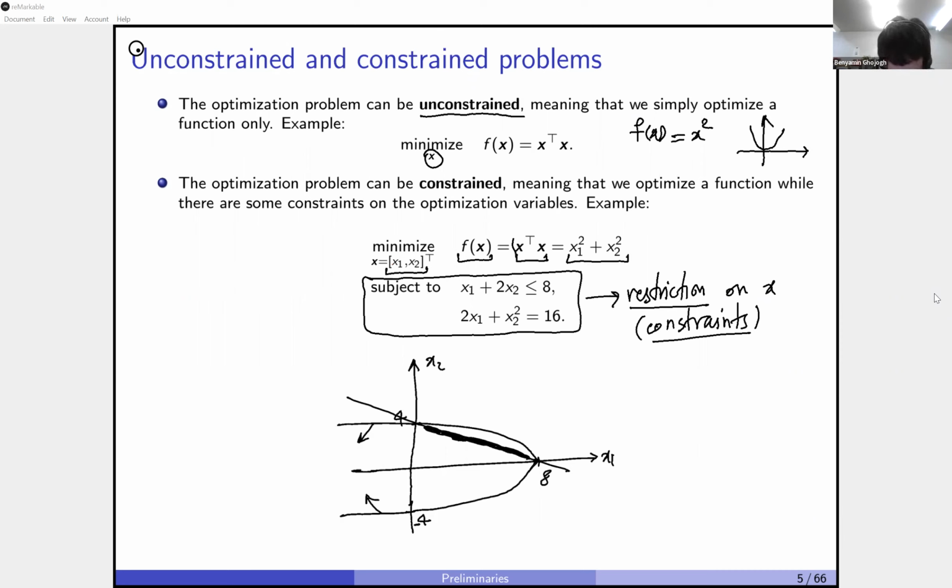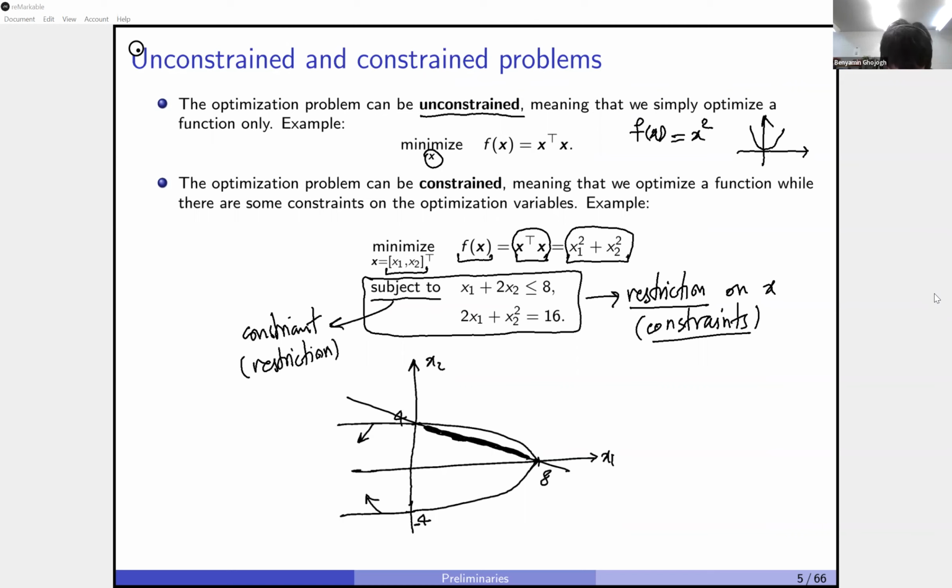This is the vector form. This is the scalar form. Subject to, when we say subject to, it means the constraint or the restriction. We have two constraints here, or restrictions.